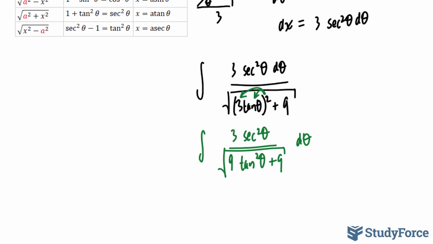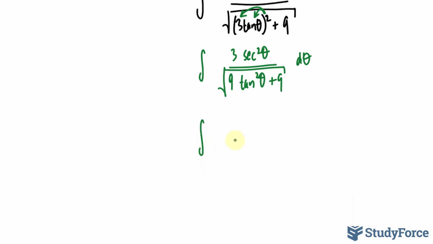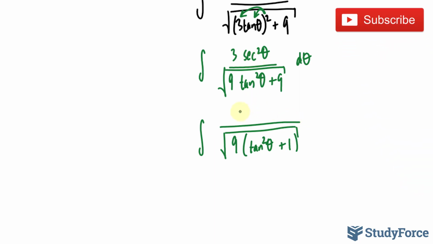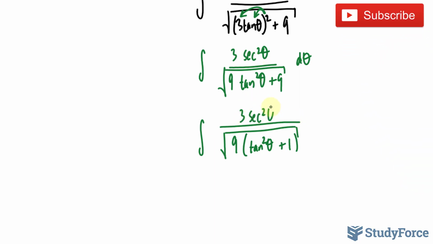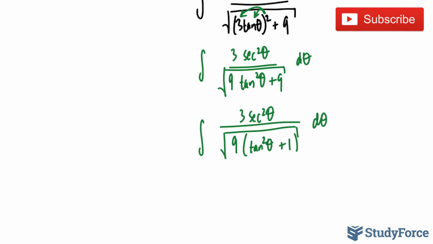Factoring out a 9 from the denominator gives us the square root of 9 bracket tangent squared theta plus 1, over our numerator, which hasn't changed. Notice that we have two factors within the radicand underneath the radical.